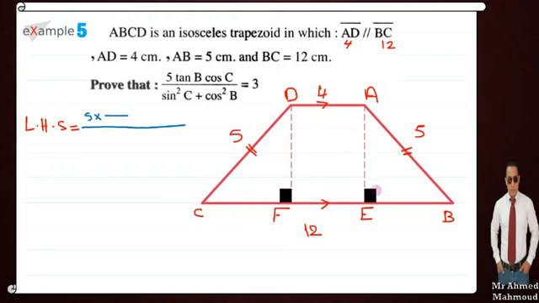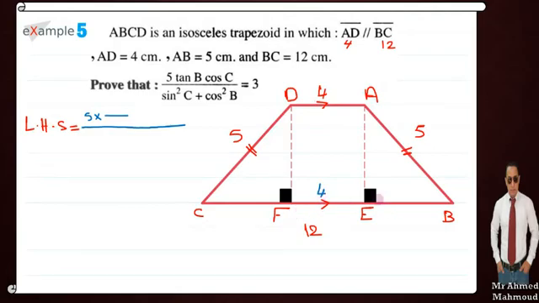In triangle ABE, BE is the base, AE is the height and AB is the hypotenuse. How can I find the other sides? Here AEFD is a rectangle, so AD equals 4 and FE also equals 4.